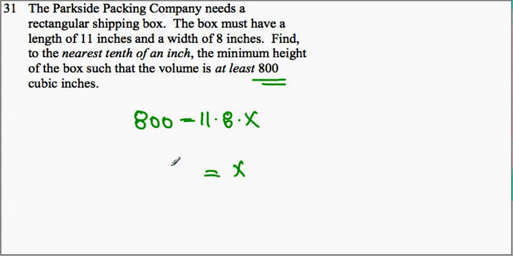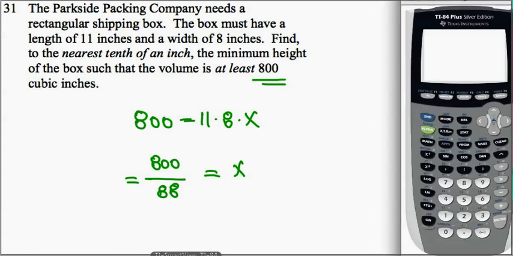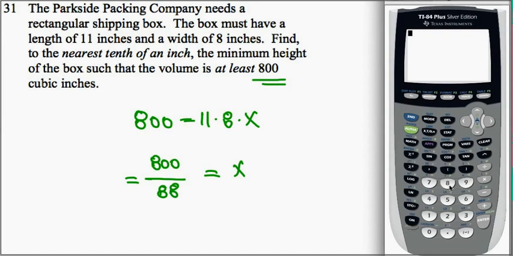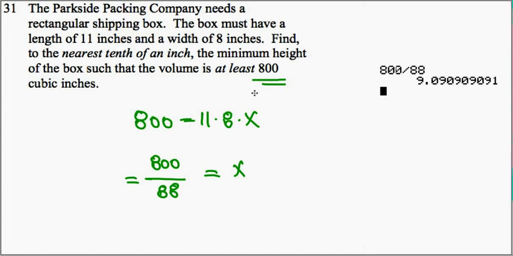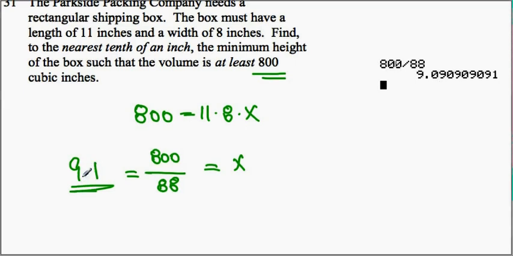Then x will be equal to 800 divided by 88. Nearest tenth of an inch, which then becomes 9.1. That becomes our answer.